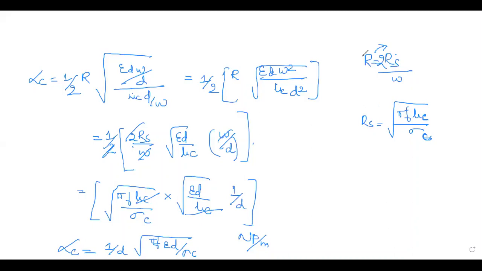Yes. Now write for alpha_d. It is dielectric constant. The one more term of attenuation constant that was remaining was half into G root L by C. Now G for a parallel strip line is given by sigma_d W by d.